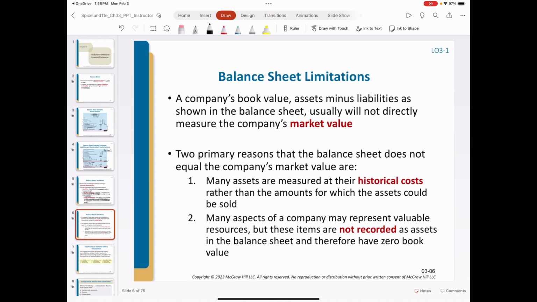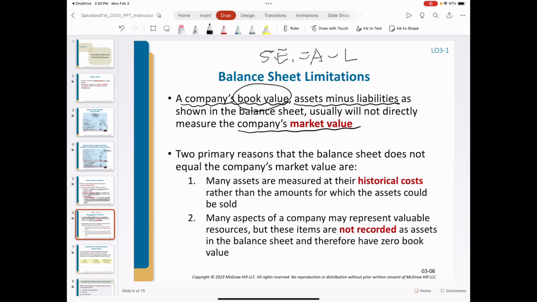The balance sheet is useful, but it also has limitations, especially its valuation. The book value of equity is the difference between assets and liabilities, according to the accounting equation. But book value does not directly measure the company's market value.